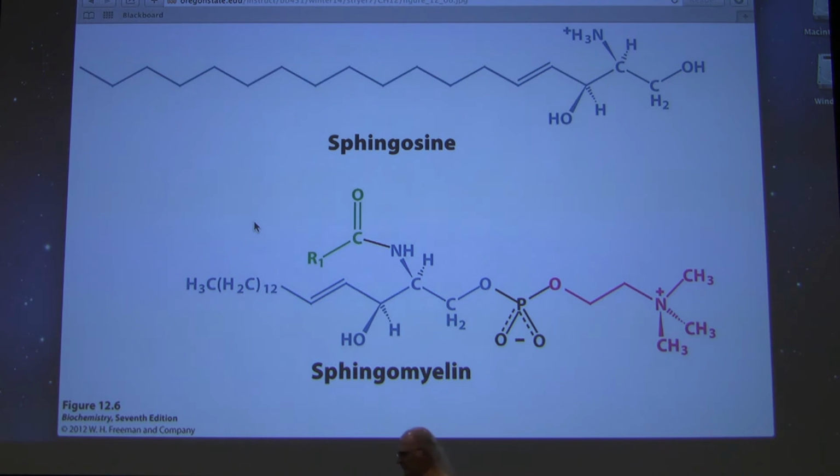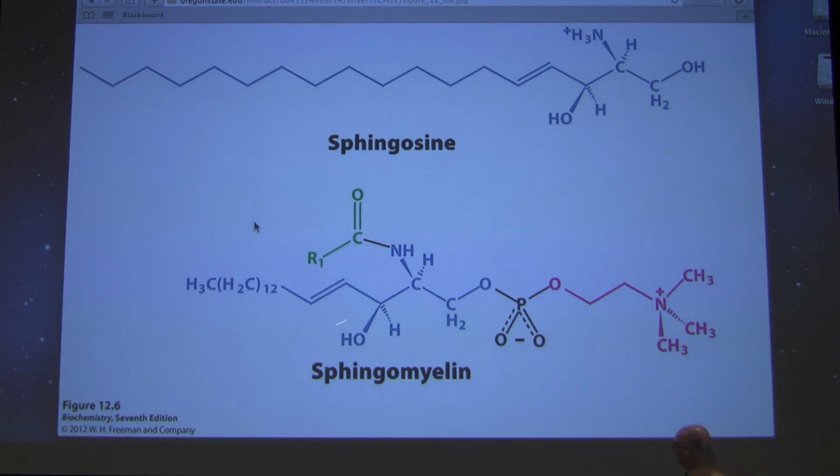Sphingo and then S-I-N-E. There's sphingosine. And here's a sphingolipid. What are the differences between sphingosine and this sphingolipid? Well, there are a couple, but for our purposes, all we're going to be concerned about is the fact that this guy up here has an amine, and it has a hydroxyl. This guy down here has a fatty acid attached to that amine.